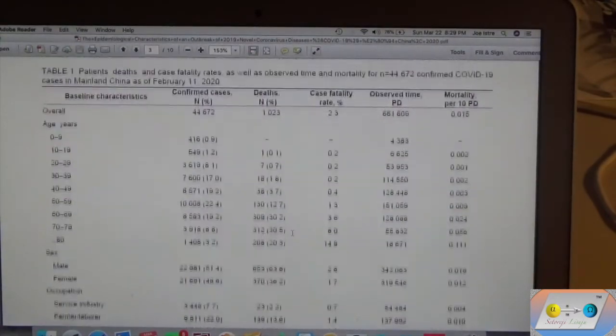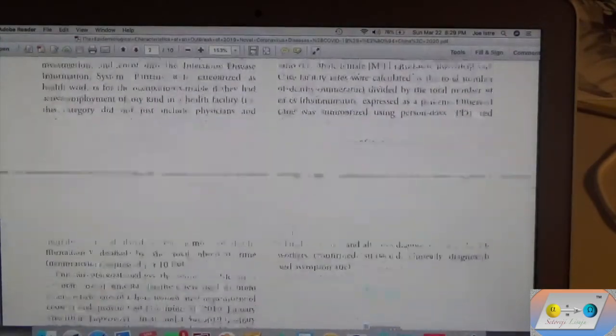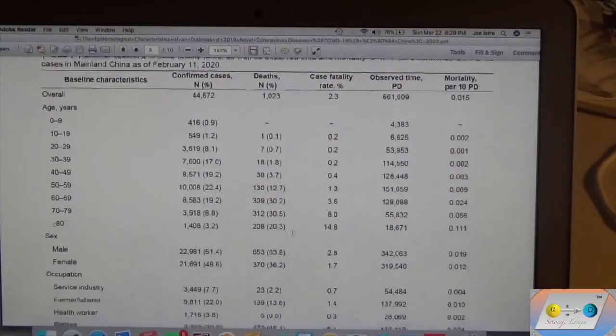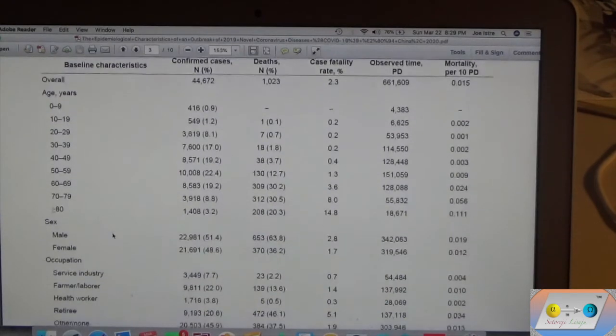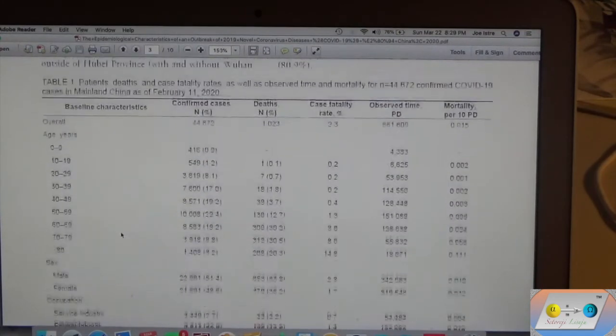Good. So they analyzed data of the coronavirus in China, and they broke out the results, and then right here is the baseline characteristics broken out by age, 0 to 9, 10 to 19, and so on, by sex, by occupation, all kinds of stuff they got here.